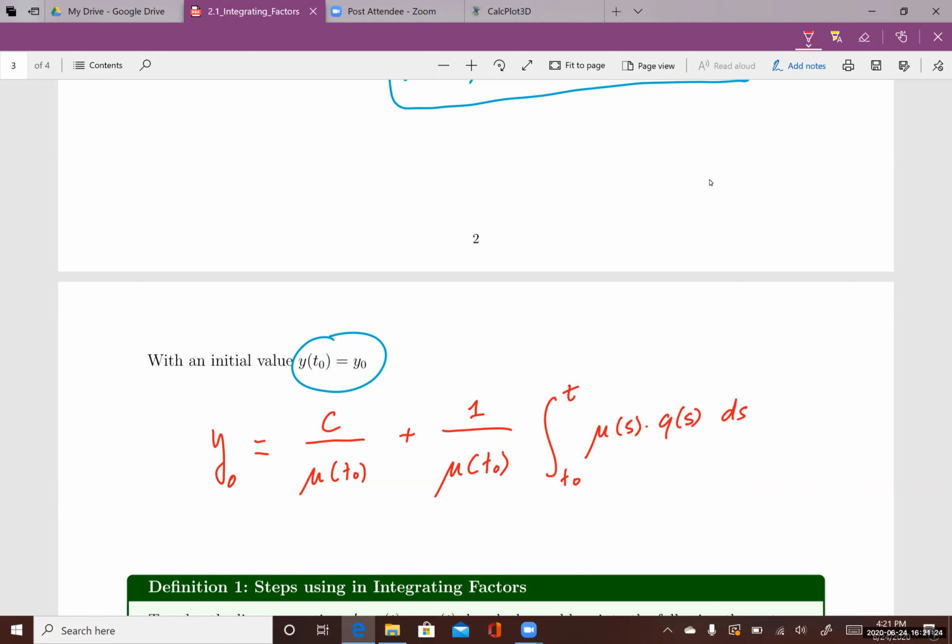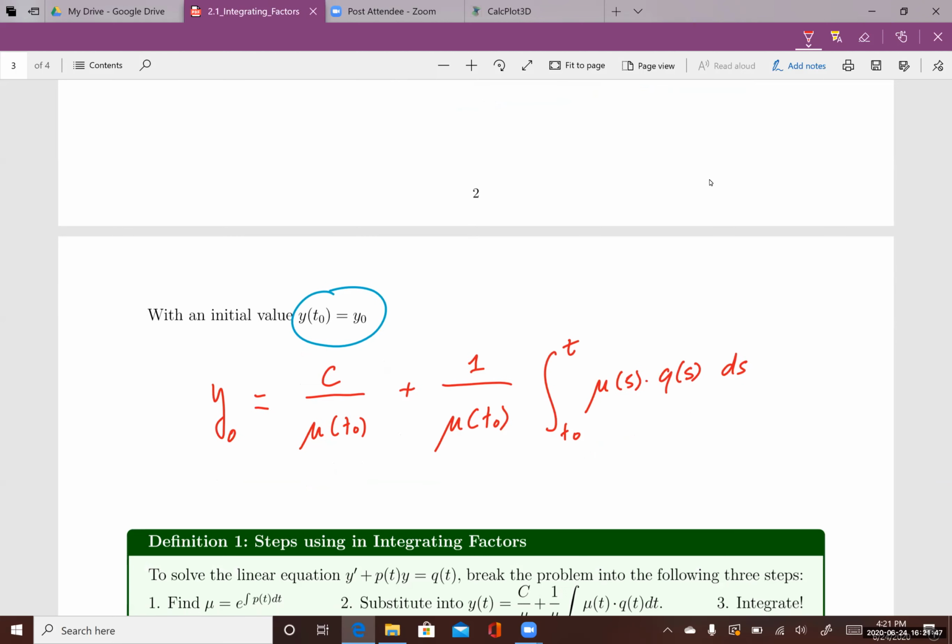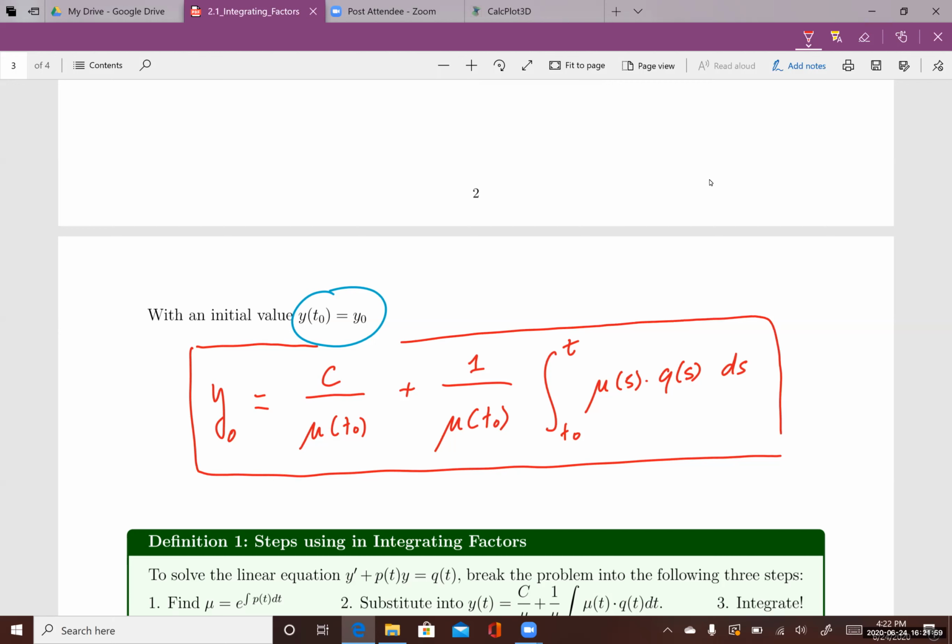Sometimes I use a, b, c, d, but most of the time we use s as a placeholder variable here, because you're using t as your bound, so you cannot have t inside your integral. All right, so this should be your particular solution to the differential equation if you're using integrating factors as a method to solve it.